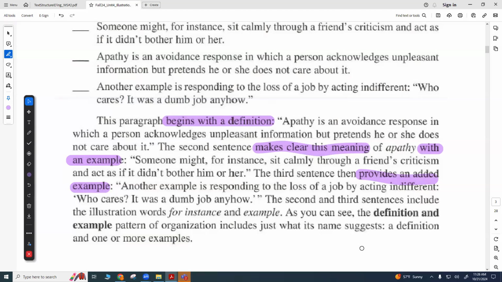And using those illustration words to really make it clear how that works. And so the definition and example pattern of organization includes just what its name suggests: a definition and one or more examples.